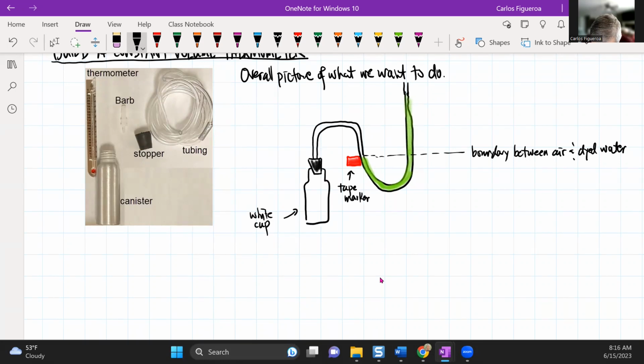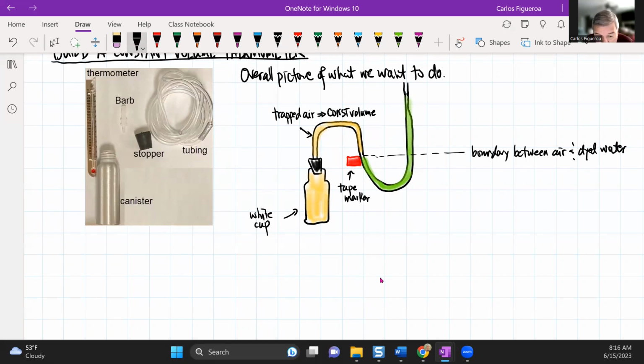So here's your canister. When you stuff that stopper into the canister, you now have this volume of trapped air. And that's where we get our constant volume from. It's that air that does that.